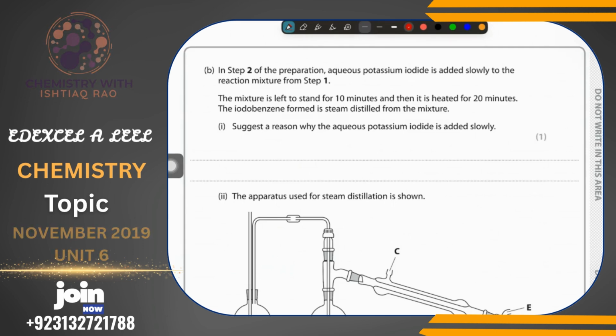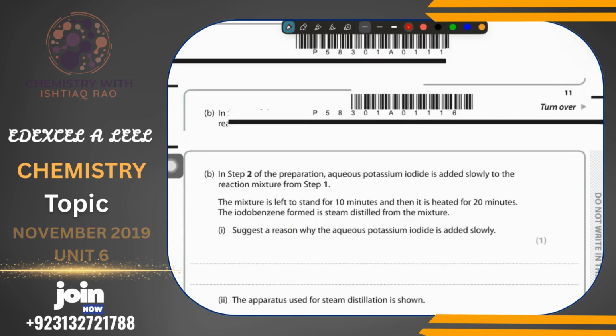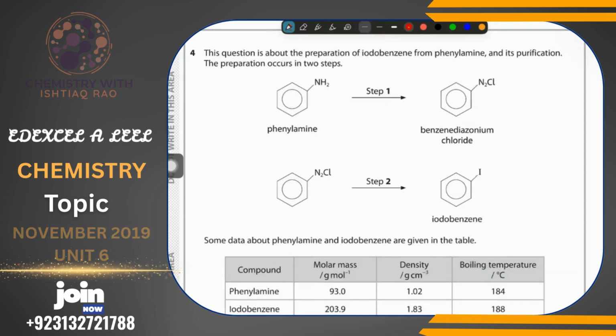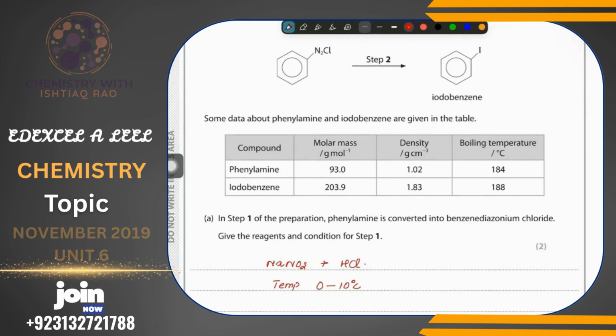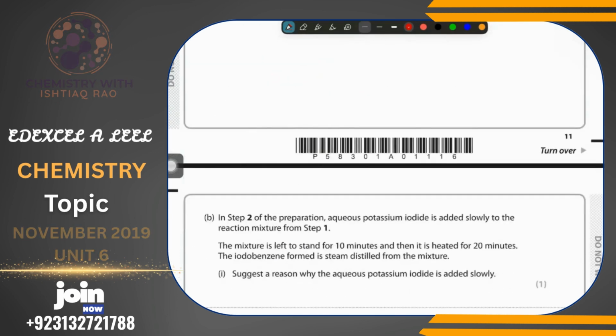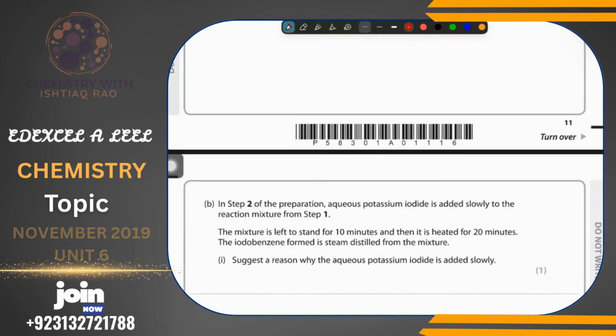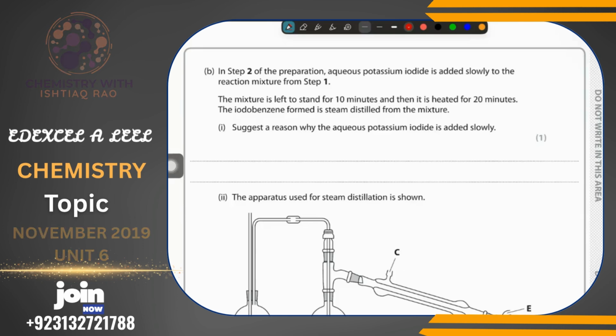So that the reaction is less exothermic. Basically, the preparation of this one is an exothermic reaction, right? And also, whenever we add something slowly, it means we prevent the reaction being vigorous and fast.